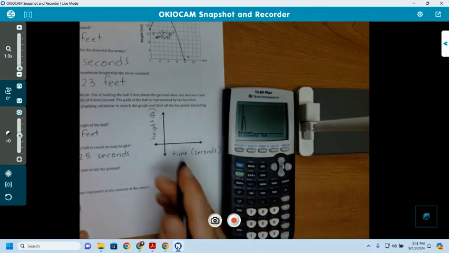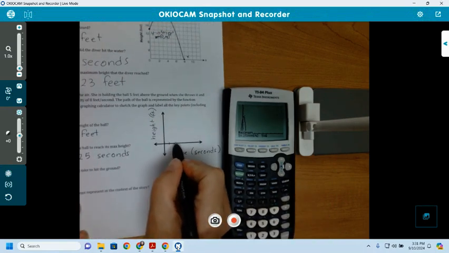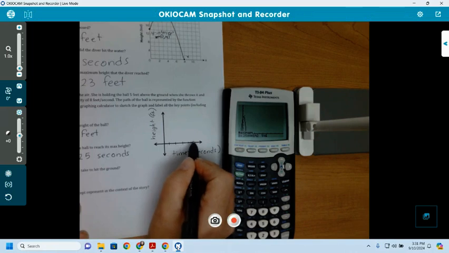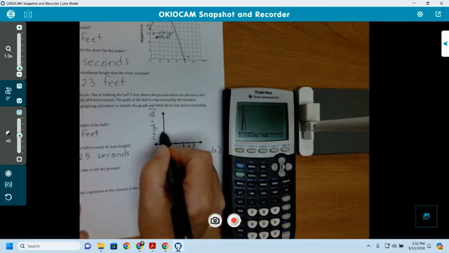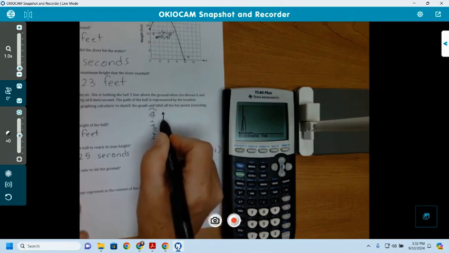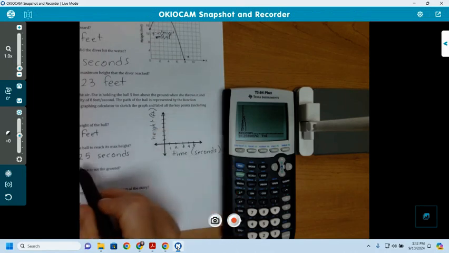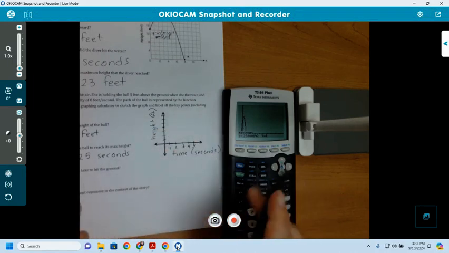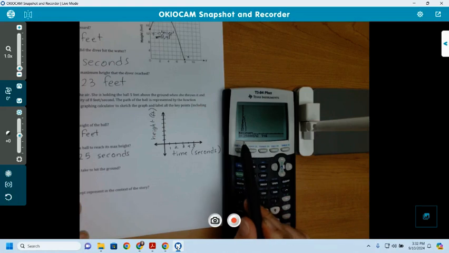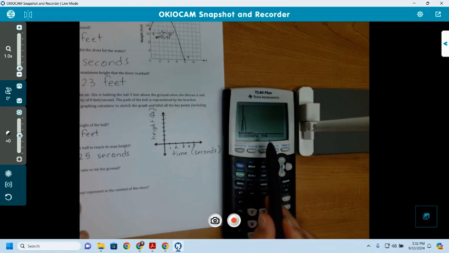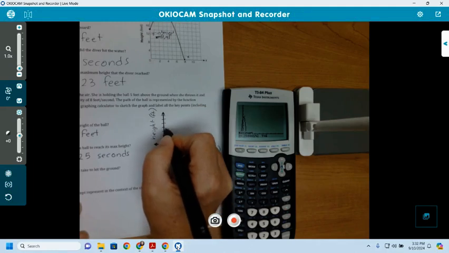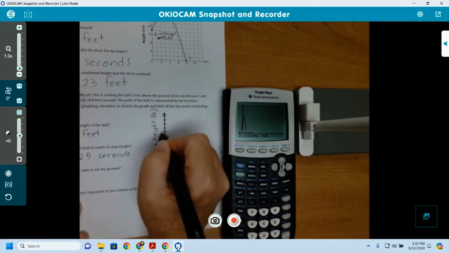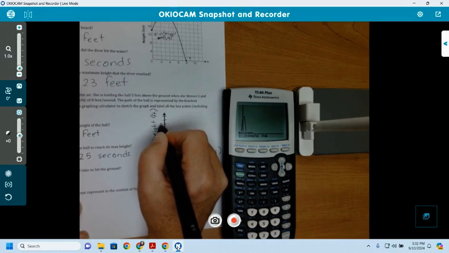Let's see, so can we graph that? So if the vertex, according to our calculator, is 0.25 and 6, it would be just a little bit on the inside and up to 6.